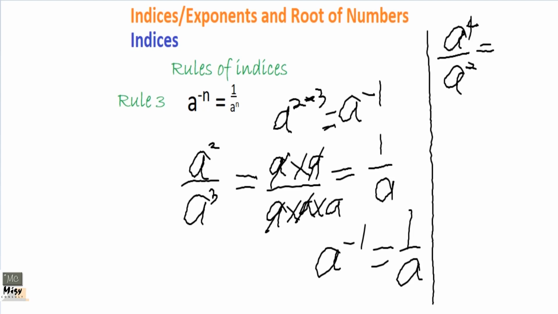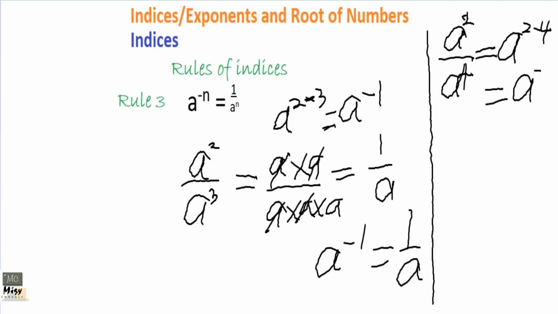We know the rule, but we need to get the top one to be bigger, so let's go back. A raised to the power 2 divided by A raised to the power 4. By the rule we know it's A raised to the power 2 minus 4, which is going to give us what? A raised to the power negative 2.